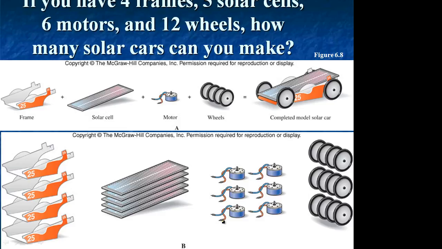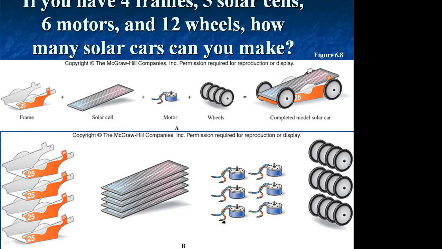Can we make 5 cars? What is the problem now? There are not enough frames. So in each example, can you identify what is the limiting part? For example, in this part, as the picture shows, the limiting part is the number of wheels. All other parts are in excess, right?